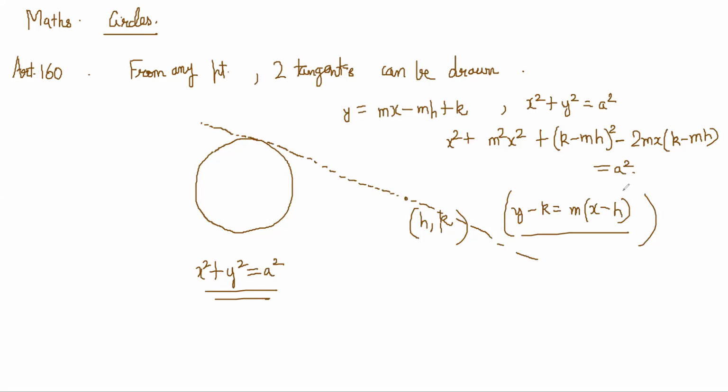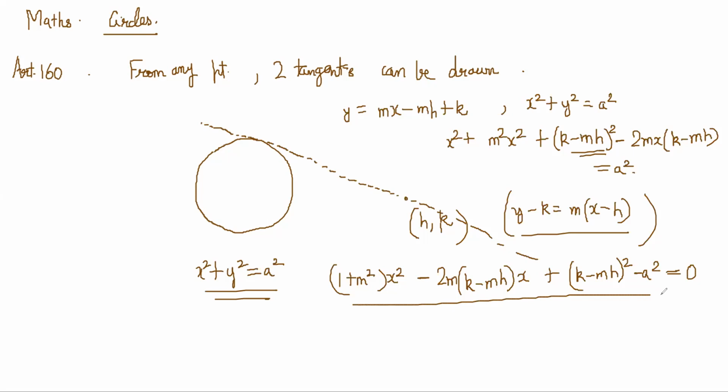Now let's isolate all the terms. So (1 plus m square) into x square, plus the x term, 2m(k minus mh) into x, plus (k minus mh) whole square minus a square, is equal to 0. This is the equation.